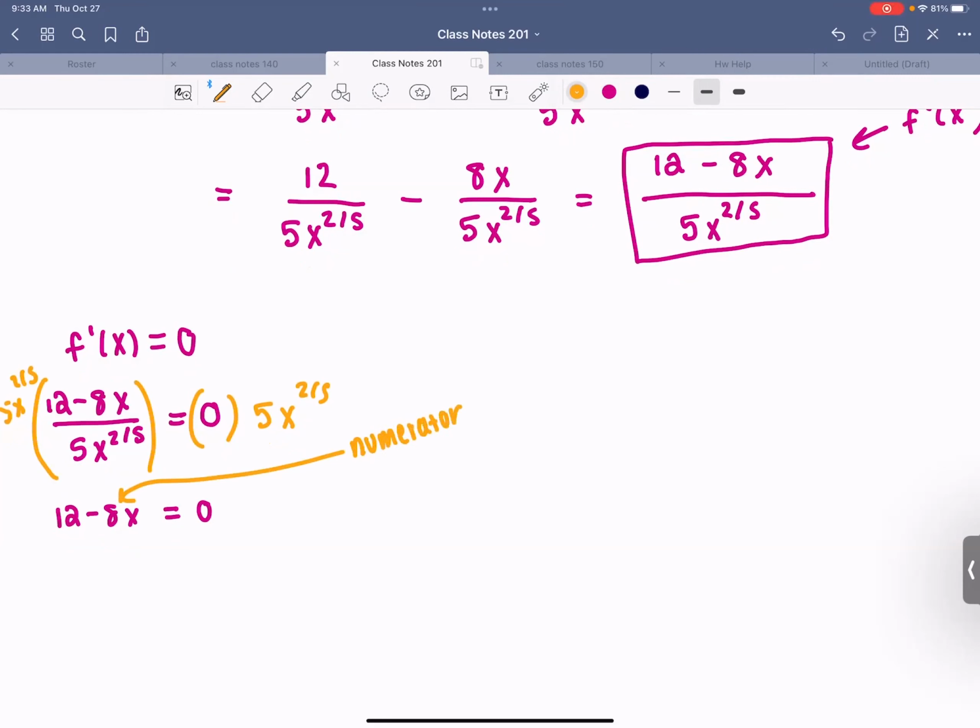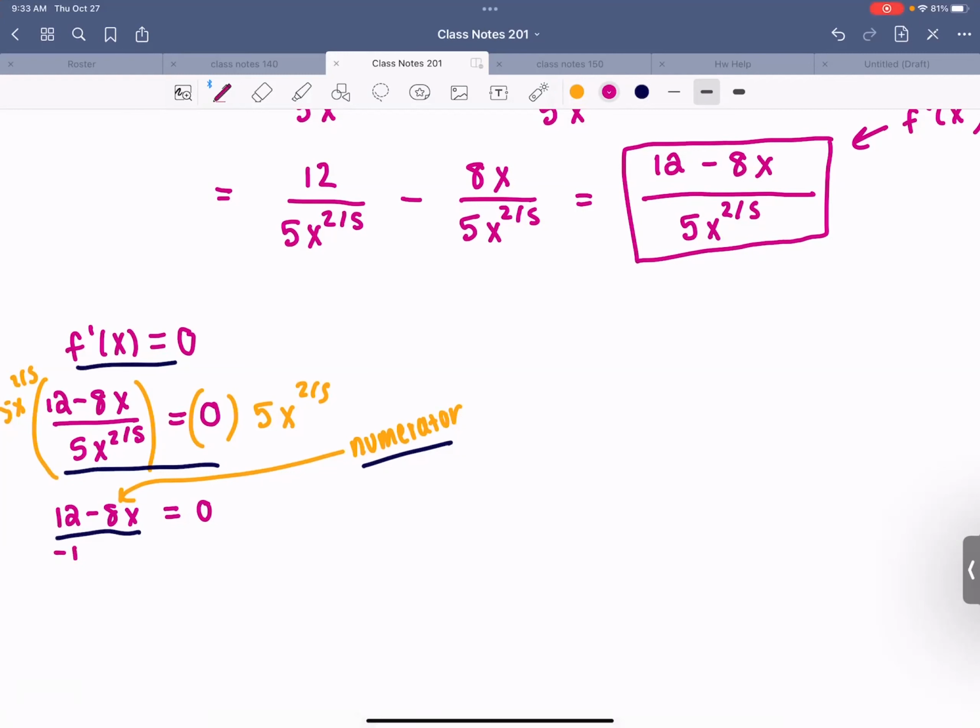So if you want to just cheat and not write down a few steps, when you set your derivative equal to 0 and it's a fraction, you can essentially just start with the numerator equal to 0. Now, if you feel more comfortable doing this step, that's fine. But when we set a fraction equal to 0, it's really just solving the numerator equal to 0. We're not really doing anything with the denominator. Okay, does that make sense?